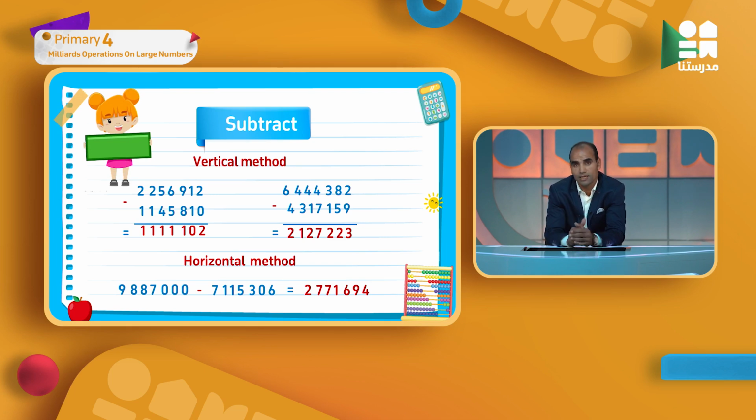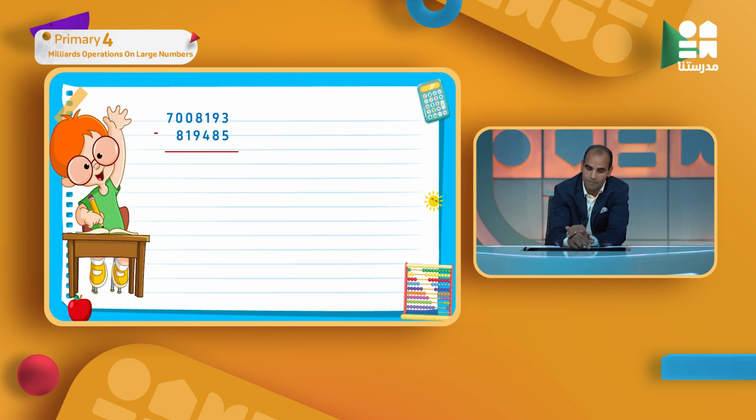So 10 minus 6 equals 4, 9 minus 0 equals 9, and 9 minus 3 equals 6, 7 minus 5 equals, okay, will be 6, not 7, okay? So 6 minus 5 equals 1, and 8 minus 1 equals 7, 8 minus 1 again equals 7, and 9 minus 7 equals 2. So 2,771,694 is the difference, okay?